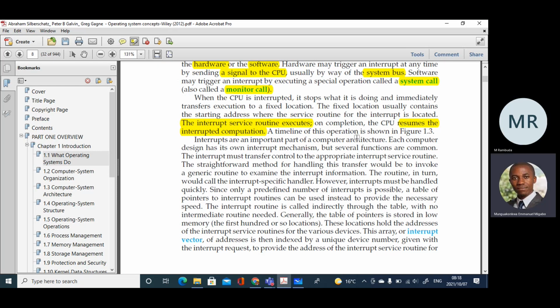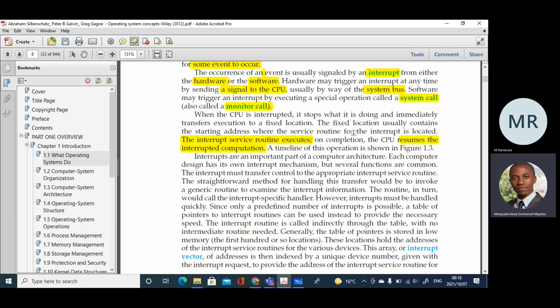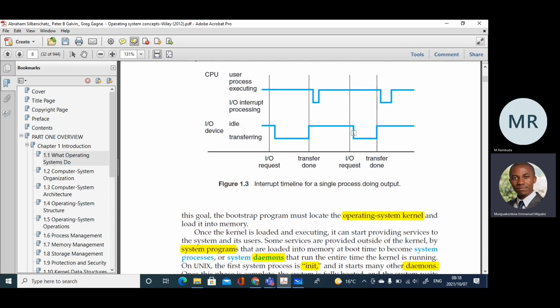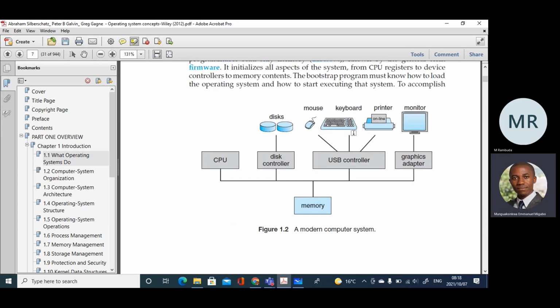Okay. So a timeline of this operation is actually shown in figure 1.3, and let's look at it. First of all, 1.2, a modern computer system, as we mentioned: memory must be there, CPU must be there, of course, the bus. This one specifically is a system bus. The other processing units that co-process with the CPU are device controllers.